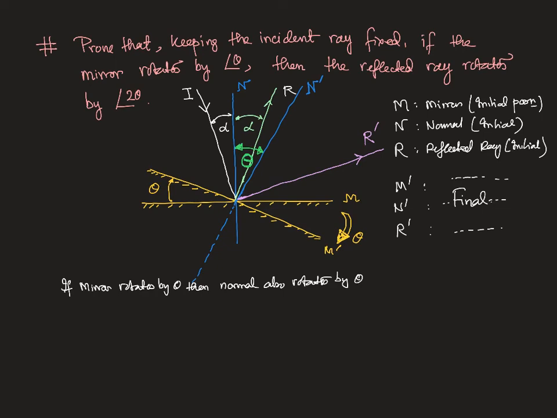And so the incident ray and n dash, what is the angle? Alpha plus theta. So this angle of incidence, angle of reflection, this angle is alpha plus theta. So you have to find the angle between R and R dash.